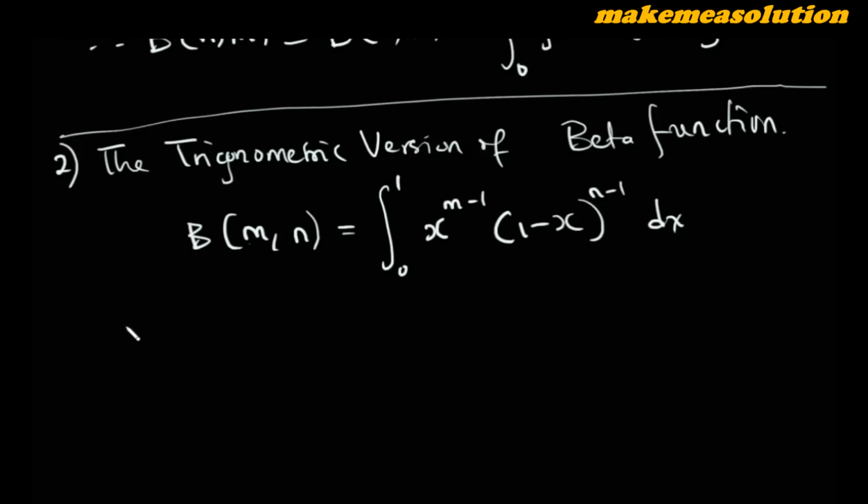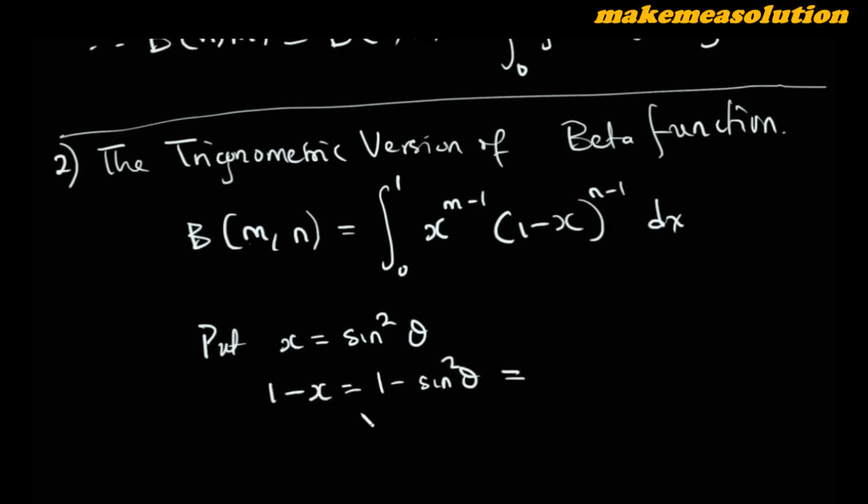Is that okay? So we can also transform this to a trigonometric version of the beta function if we put x to be sine squared theta. If you put x to be sine squared theta, definitely 1 minus x will be 1 minus sine squared theta, and we know that 1 minus sine squared theta is cos squared theta.